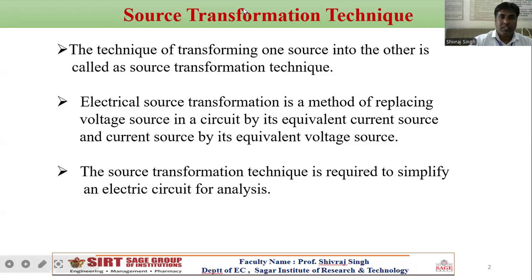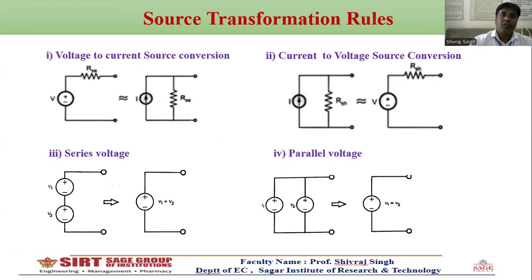Now, let's discuss some source transformation rules. First one, voltage to current source. Suppose that we have one voltage source along with a series impedance or resistance. This electrical network is converted into a current source.